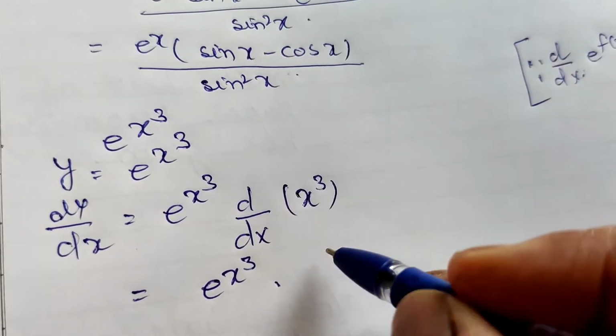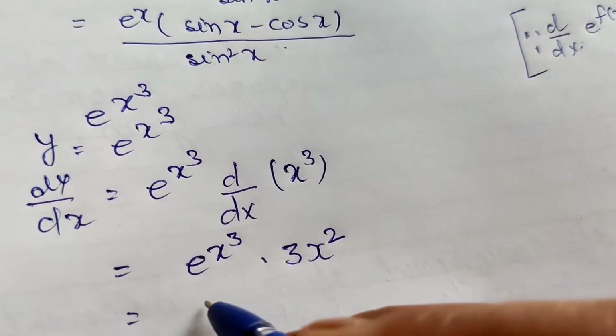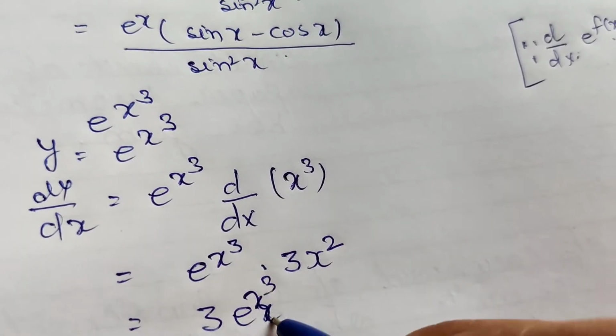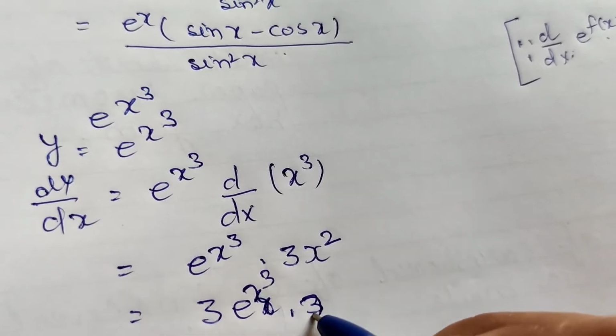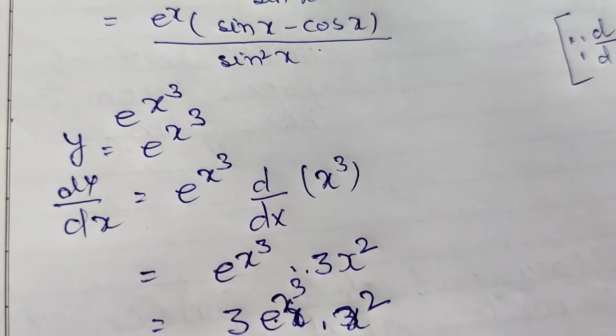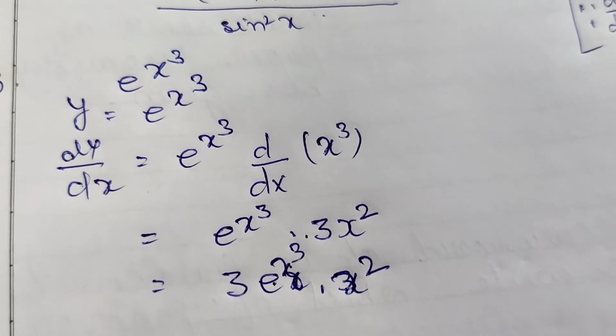The differentiation of x cube equals 3x square. The answer we can write: e raised to power x cube into 3x square, that is 3 e raised to power x cube into x square. Okay, by the same rule.